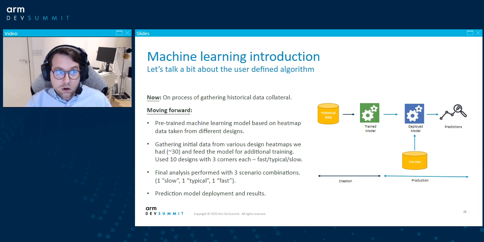All this combined will give us the predictions on which corner combinations should be considered for further analysis. Essentially, it makes the amount of corners the engineer has to analyze go from hundreds to tens, cutting a significant number of corners that the engineer has to dive into in order to perform this analysis.